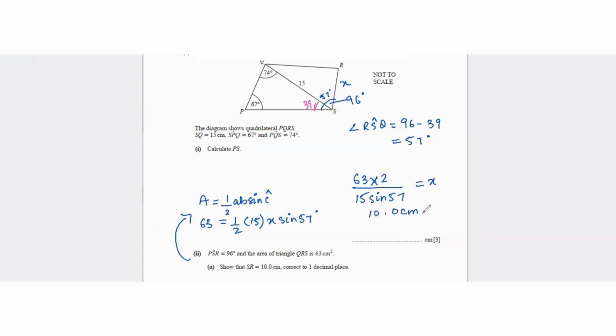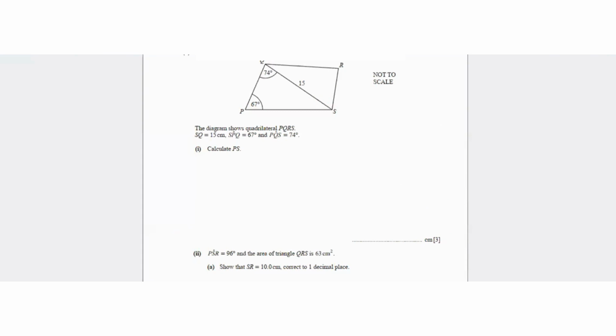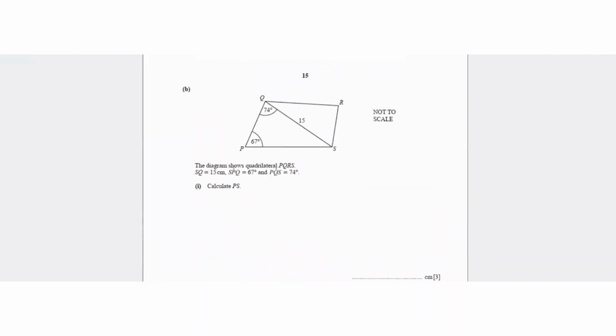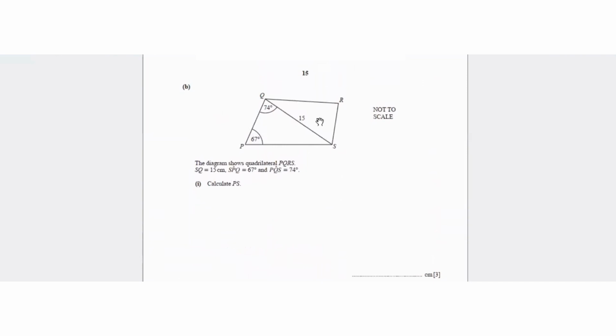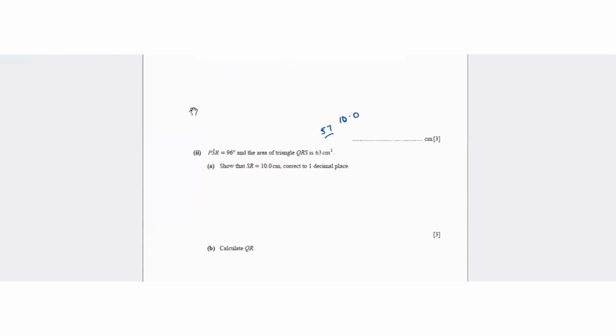So we just correct to one decimal place, which is basically SR. Then it says calculate QR, which is the third length. For QR, we can easily use cosine.